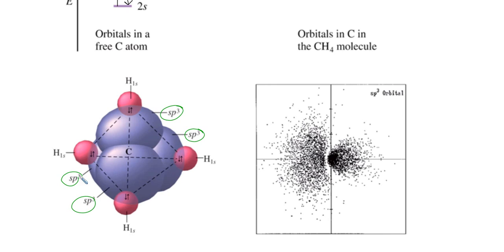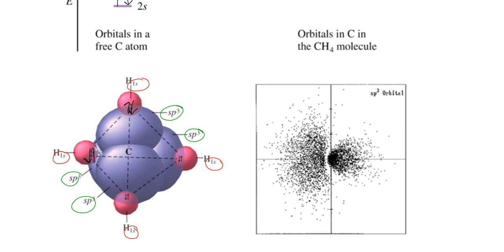And then can you see what they're showing in here? So here's the 1s orbital of hydrogen. Here's a 1s orbital, 1s, 1s. So can you tell that they're showing 2 electrons, spinning opposite?